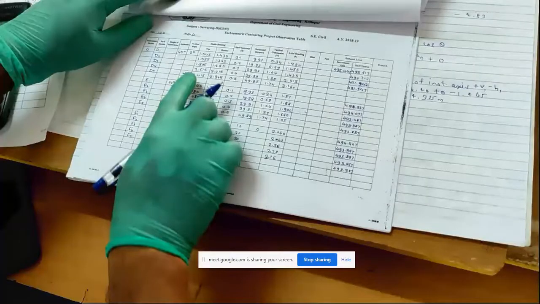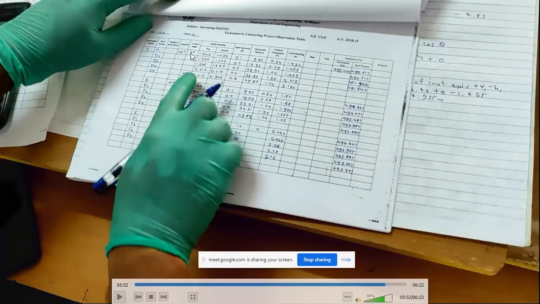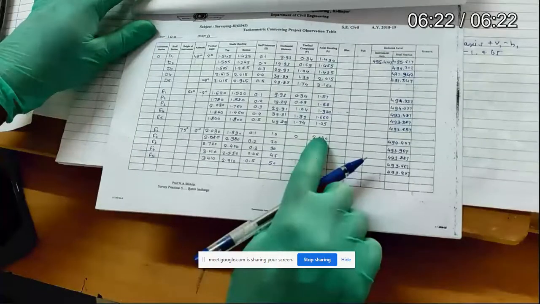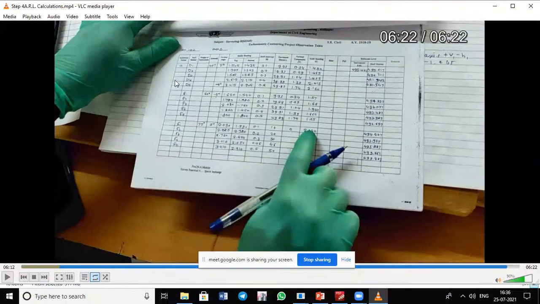Then where there was a vertical angle, the vertical component was calculated by making use of the formula Ks sin 2 theta upon 2 plus C sin theta, and I substituted those values and calculated the said RLs. Got it. So in this way the RLs are supposed to be calculated.